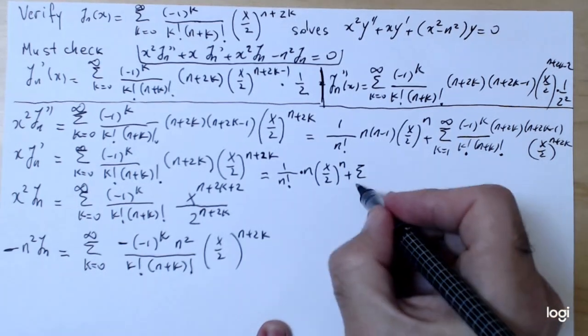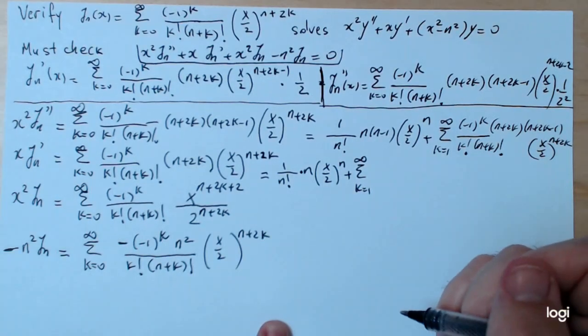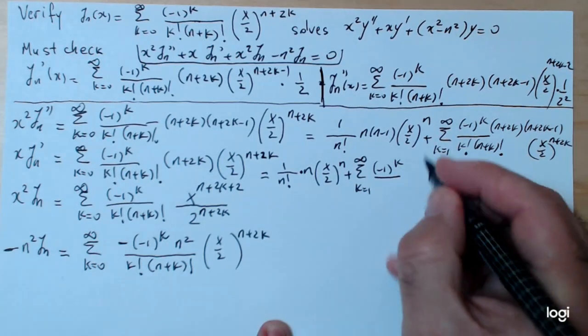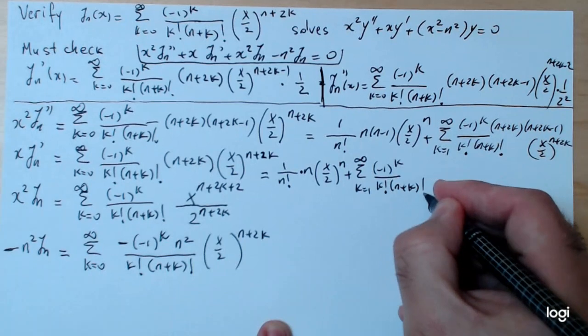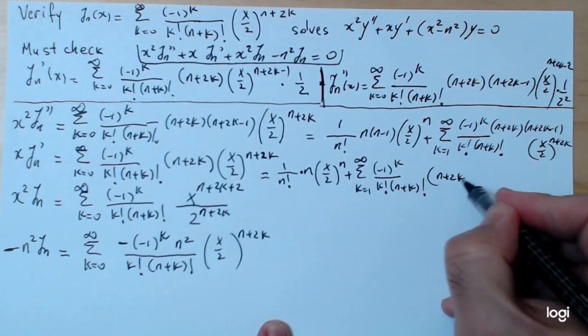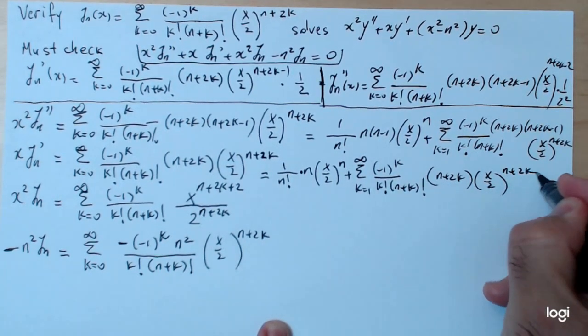And then the same summation, but now from 1 to infinity. Same thing, minus 1 to the k over k factorial, n plus k factorial, n plus 2k, and then x over 2 to the power n plus 2k.